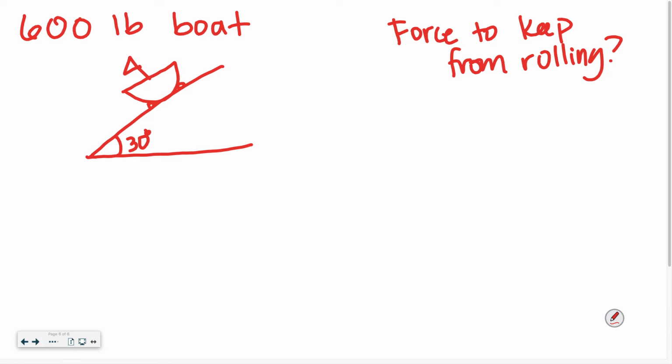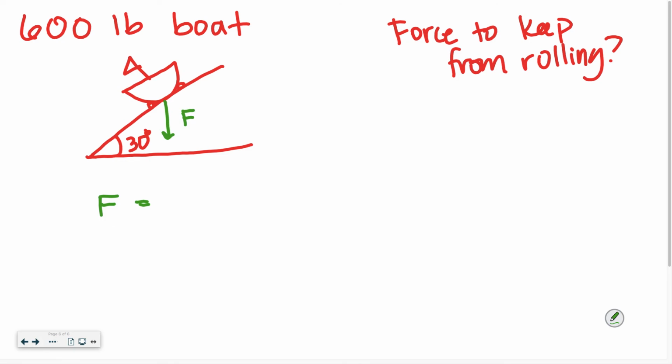Just count on static friction. Wouldn't there be a coefficient of kinetic friction too, because you're moving it up the ramp? We have a force of what? 600, times the acceleration of the Earth.